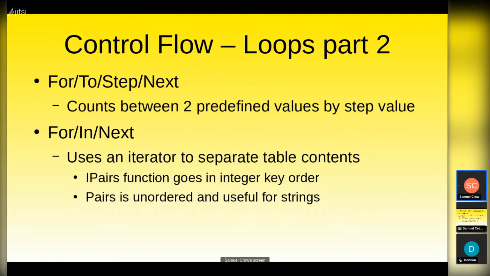I didn't write it in my notes, but there's also a string iterator that uses a regex as its key thing. iPairs iterates in numeric order over arrays or tables with integer keys, while the pairs iterator generates a non-repeating, unsorted order of all keys in a table regardless of the type of the keys.